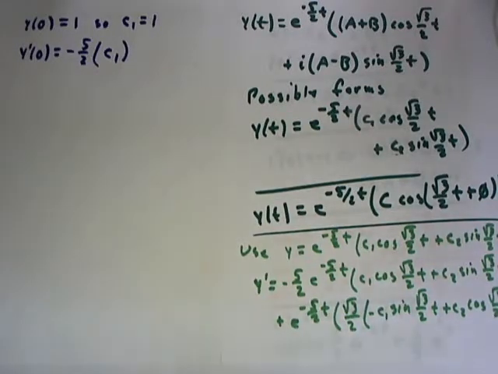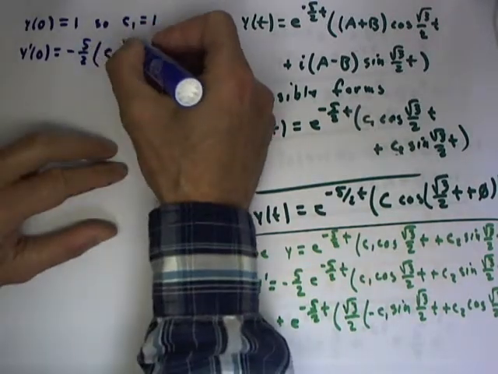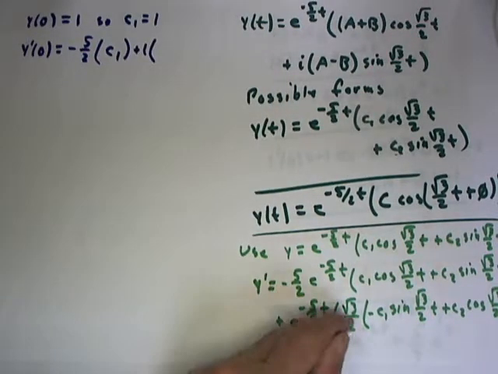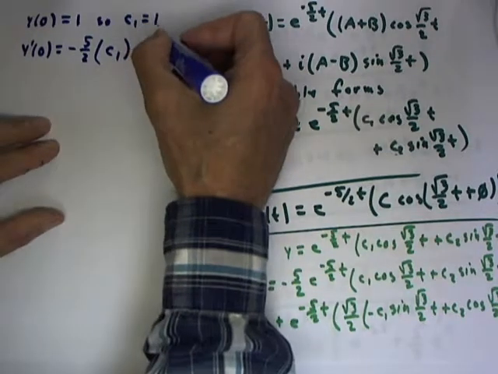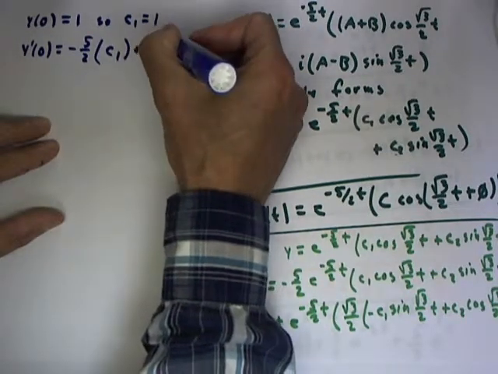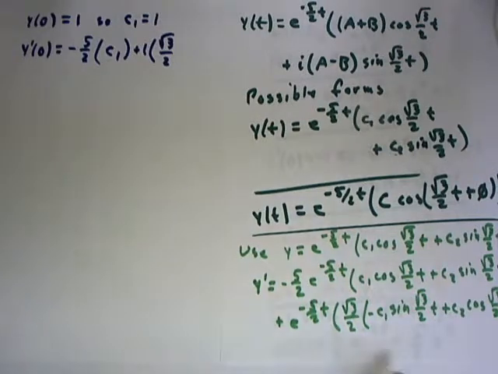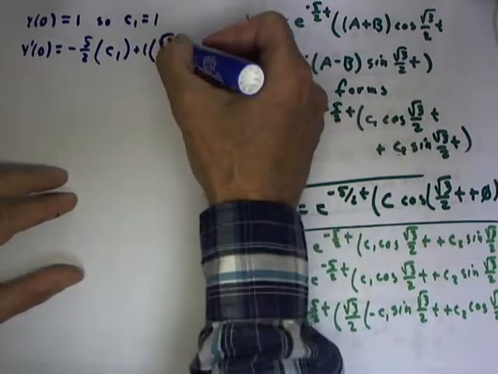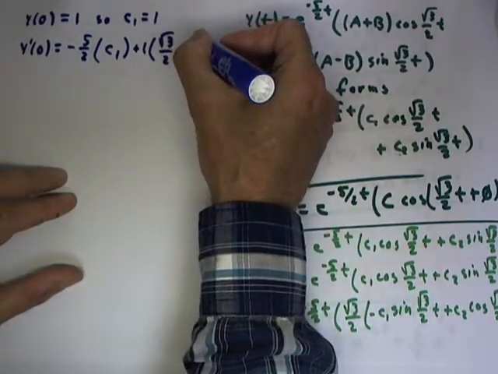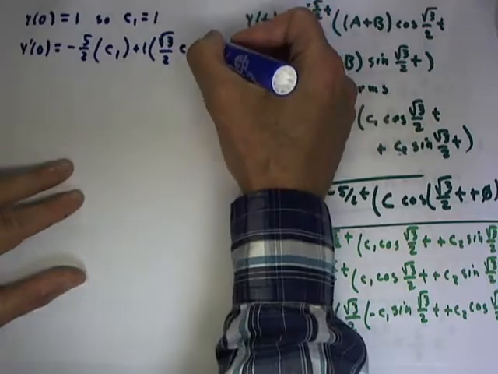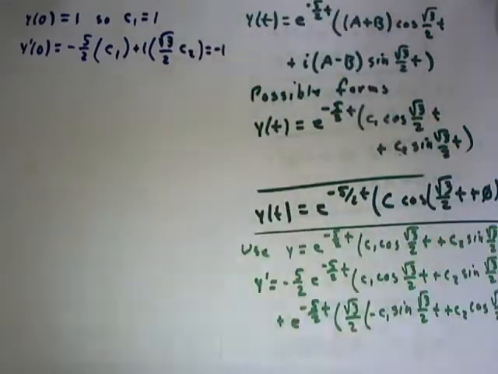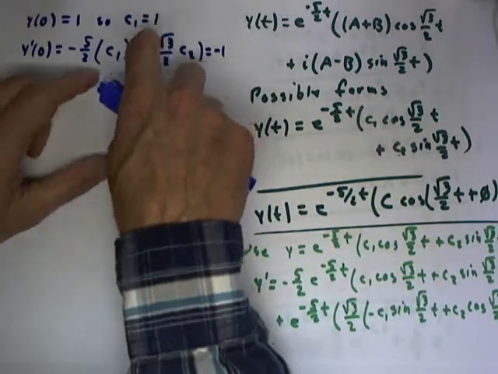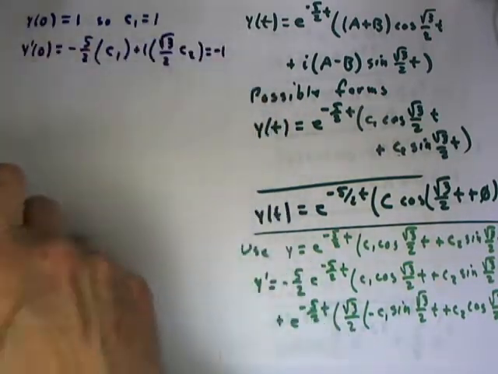So what we have here is one multiplied by square root of 3 over 2, and then times 0 plus C2. And this should equal negative 1. Now C1 is 1, so C1 is going to become 1.